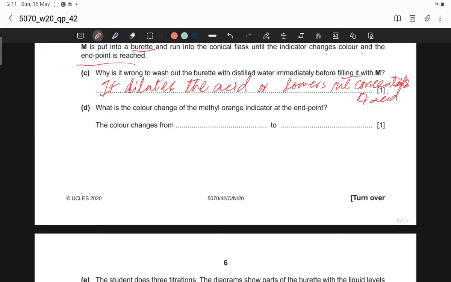The sodium hydroxide is taken in the flask and sulfuric acid runs in from the burette into the conical flask. So the color change always starts from the flask, so it is yellow to orange because we are using methyl orange. It can be red as well as pink. You can write down any color.